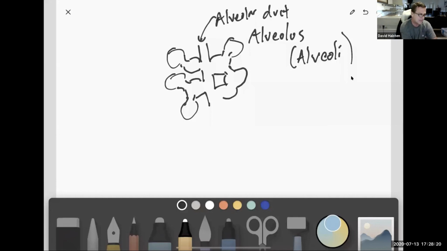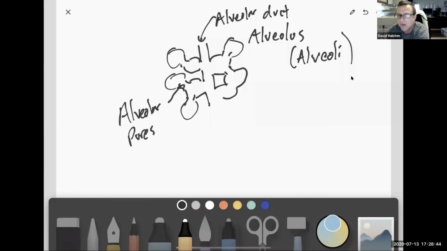These sacs that open off of the alveolar ducts, the alveoli, are connected to one another by alveolar pores. This way, when air moves down and in, it moves through the pores to all the different alveoli.